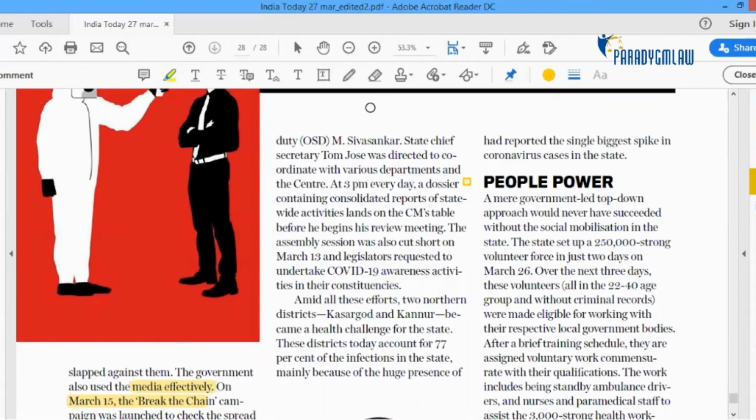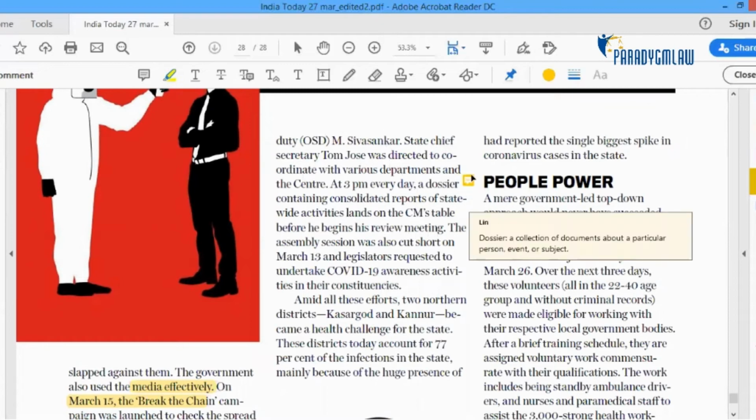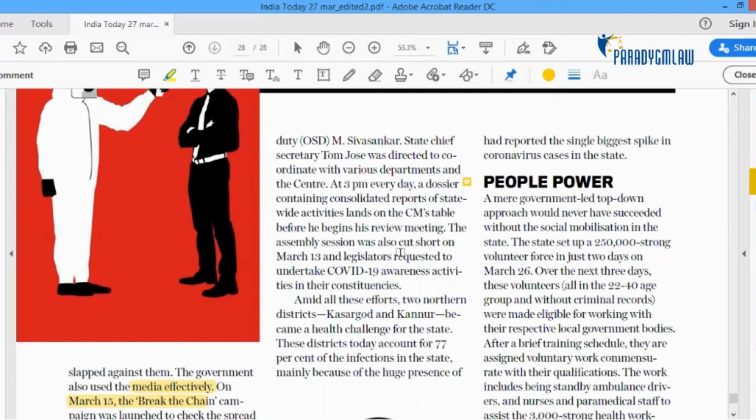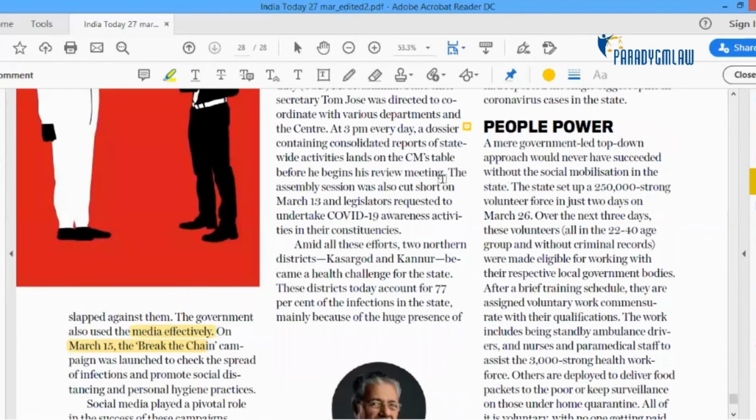Looking at the effectiveness of how they use media, we have daily reports given by the chief minister. A dossier is nothing but a collection of documents about a particular event in this case. And here the chief minister would have his review meetings in front of the press.